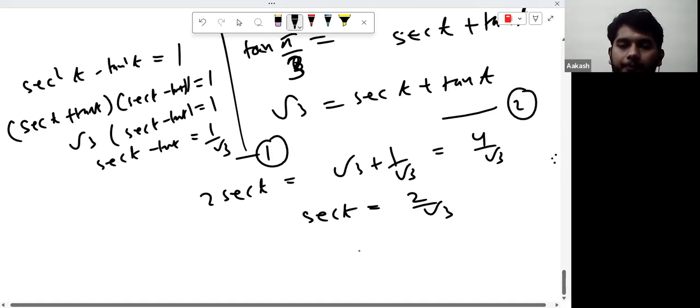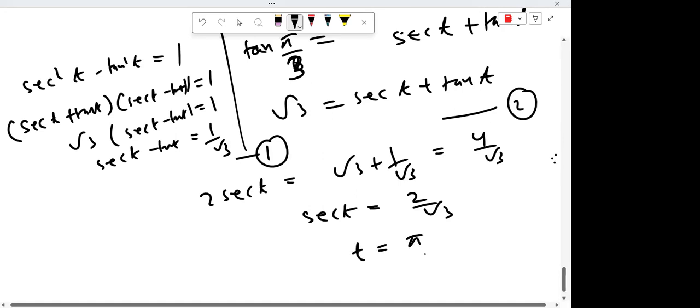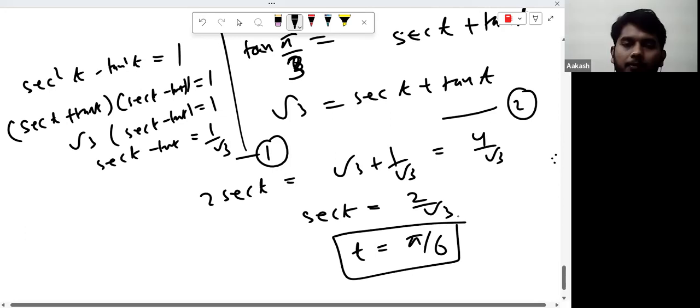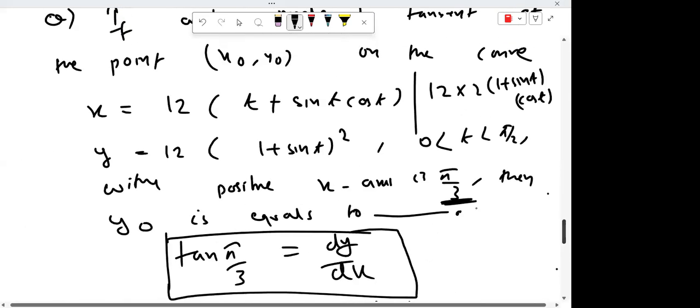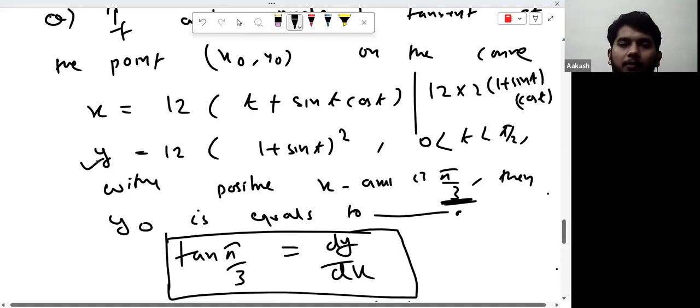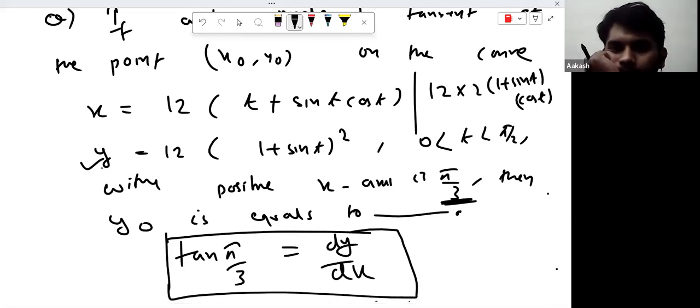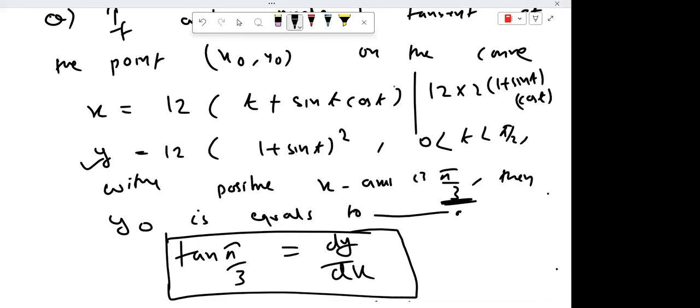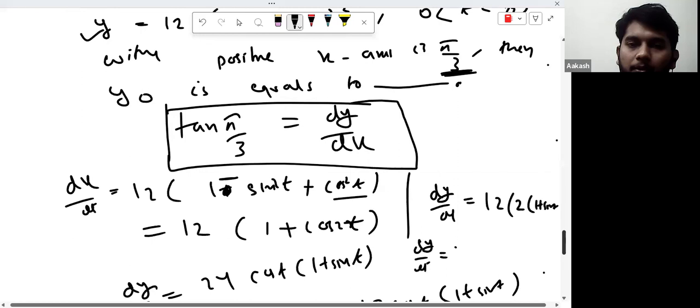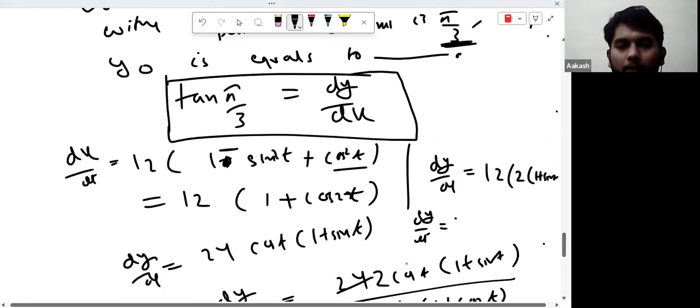Yes, sir. t will be pi by 6. So once you get t, you will get y also. Just put the value of t here and you will get the y. So this was a question of simplification of differentiation. Please note it down.